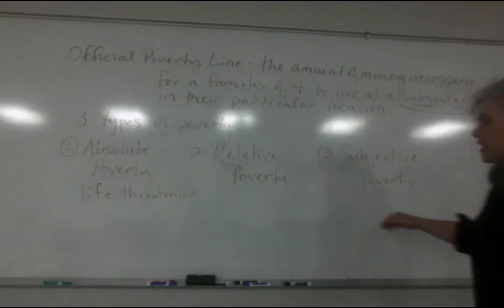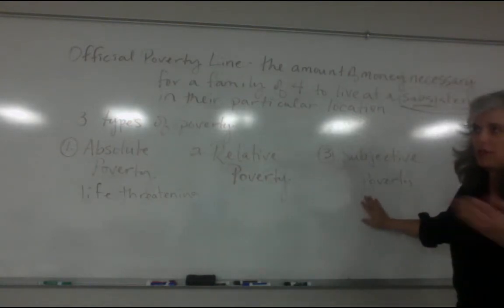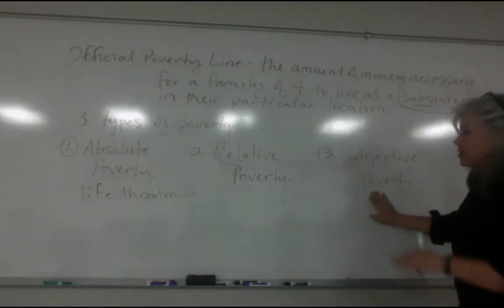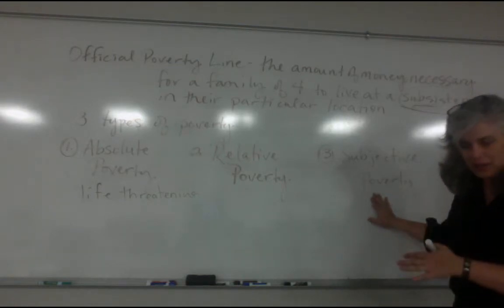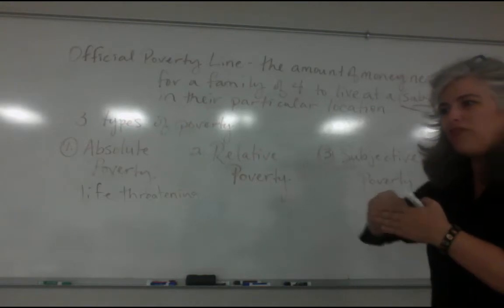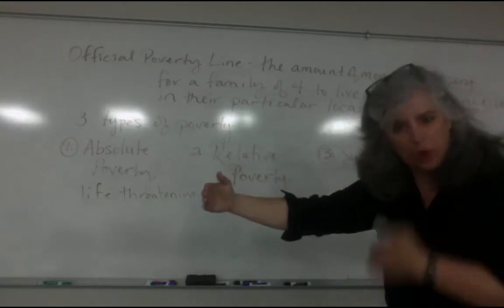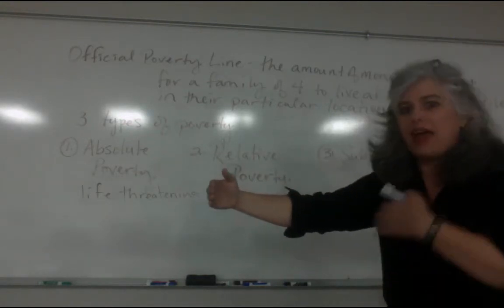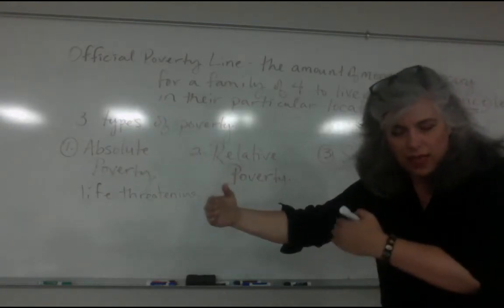Let me say that subjective poverty is defined as a condition in which people thought that they would be farther ahead in life at the point where they are than they have gotten to at that point in life.